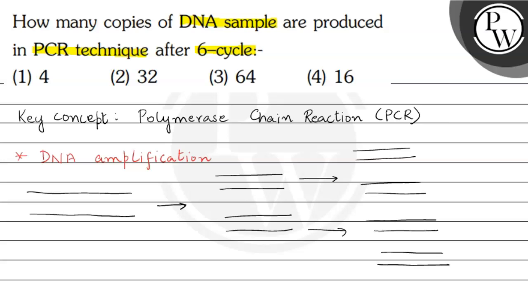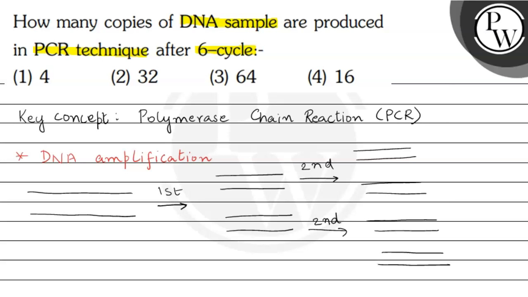So in this way, if this is the first cycle and this is the second cycle, by repeating the cycles of the PCR one by one, it will result in the formation of more and more copies of the DNA.